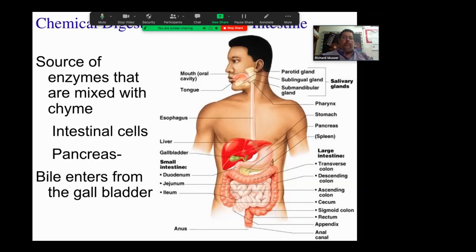They're going to come from the brush border cells, which are the intestinal cells, along with the pancreas right here. And then also the gallbladder, which is located under the liver, which is going to secrete the bile salts into the same region of the small intestine. So there's going to be little tubes coming from the gallbladder into the duodenum, along with the pancreas.